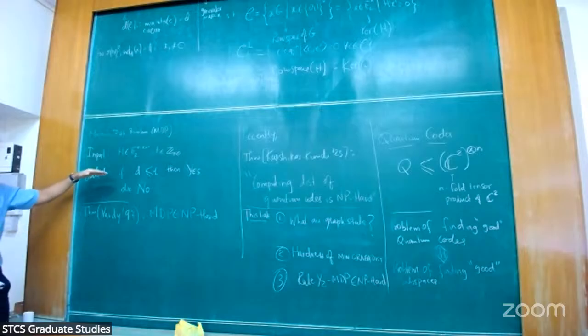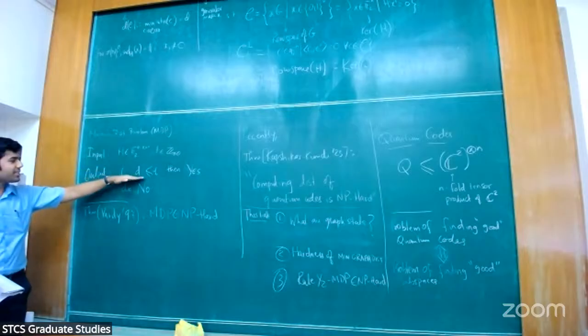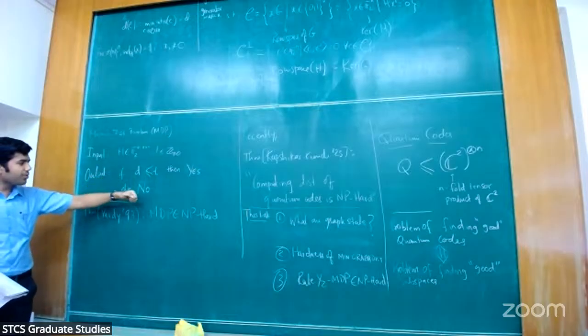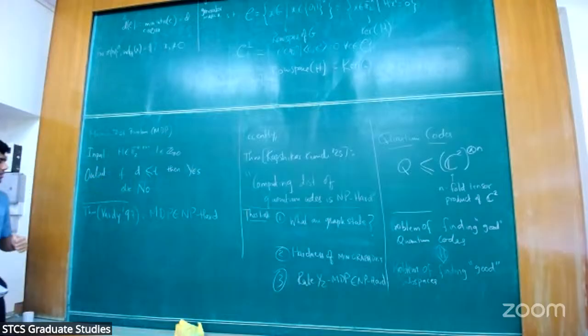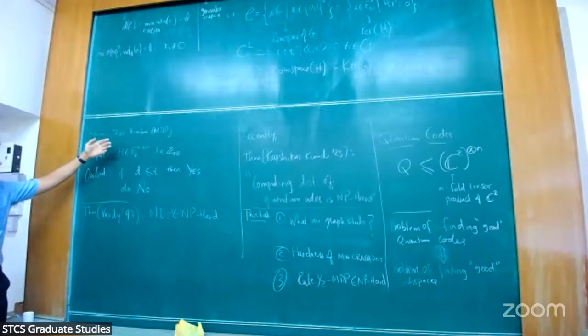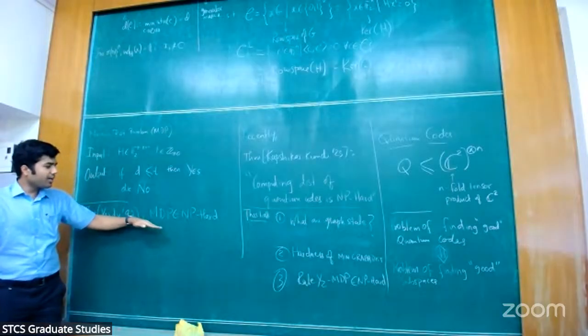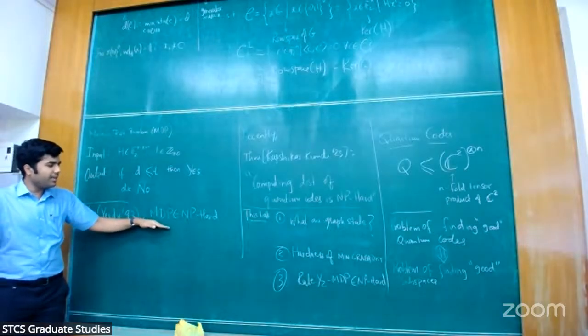It outputs yes if the distance of the code is at most t, and no if it's not the case. The answer for whether you can compute it in polynomial time or not was given by Vardy back in 1997, in which he showed that this problem, MDP, is actually NP-hard.